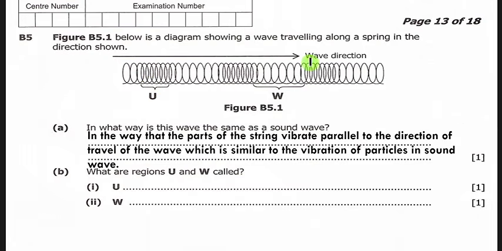This is the wave direction, and they vibrate parallel to it. Then they are asking what are regions U and W. So this U is compression, and these W are what we call rarefactions.